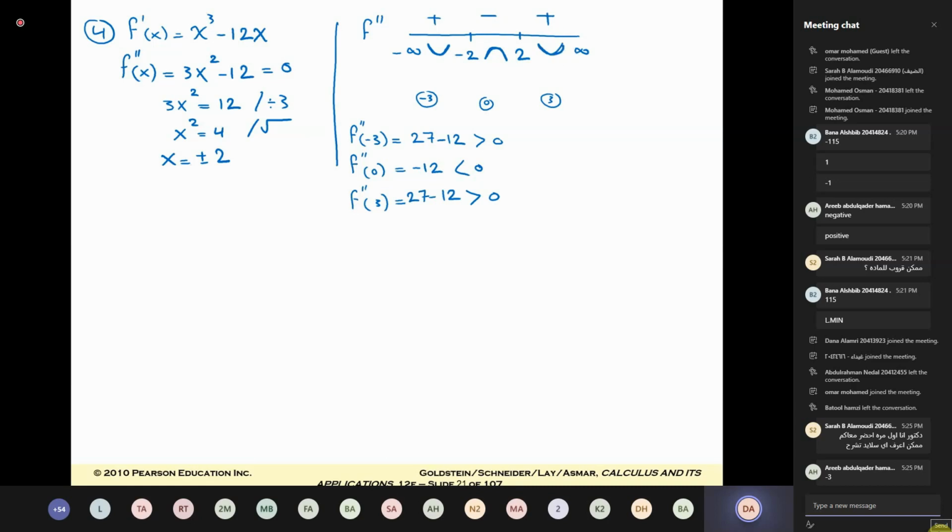Now we can conclude f of x is concave up from minus infinity to negative 2 union from 2 to infinity, and f of x is concave down from minus 2 to 2.